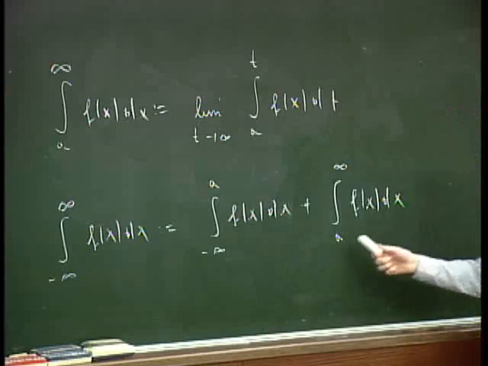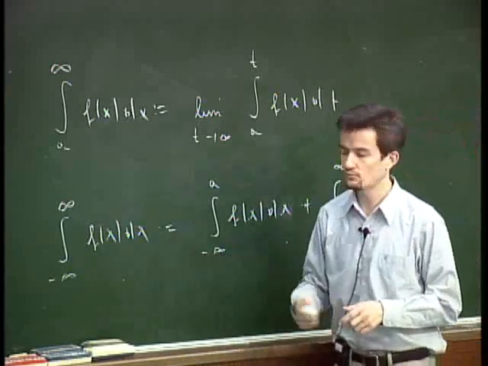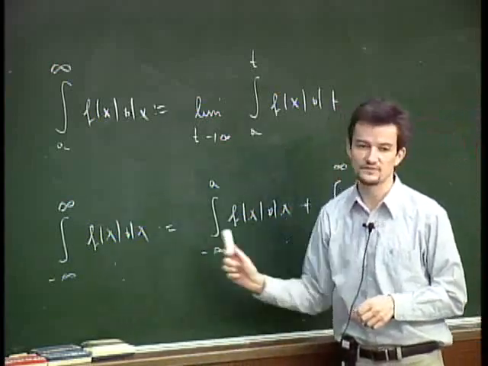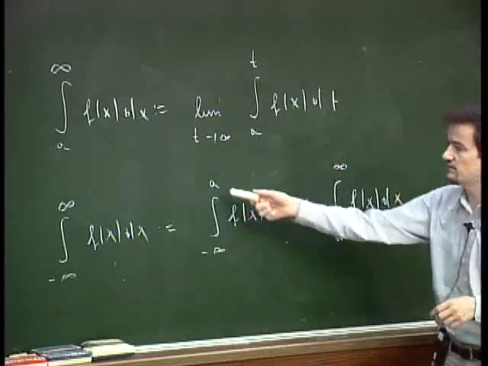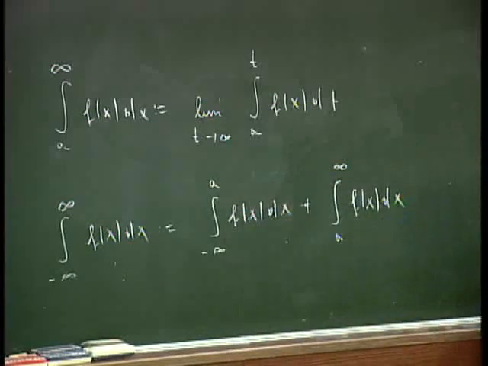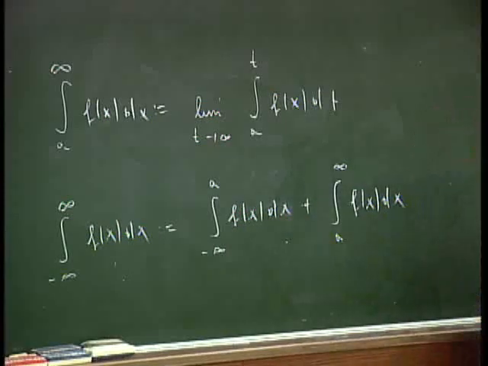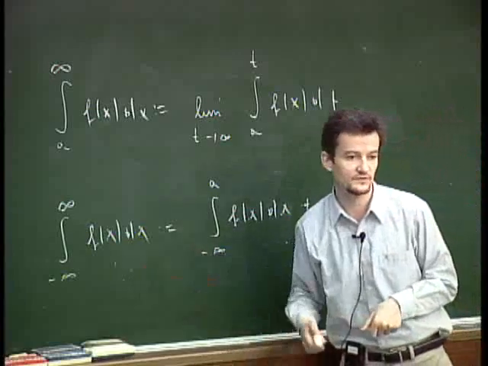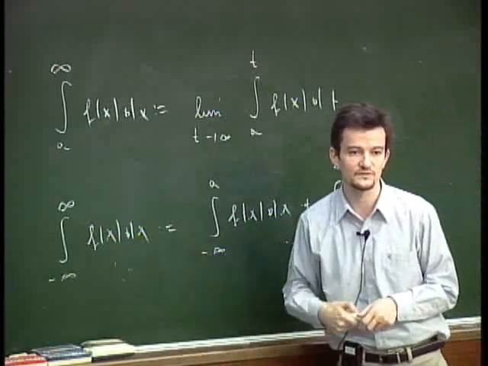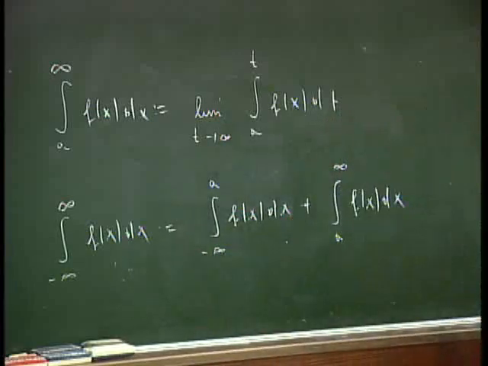If both of them exist, we say that this exists as well, and the value of this is the sum of those values. This does not depend on the point a, so the a you can freely choose. If one of those integrals does not exist, then this integral does not exist as well, so then we say this integral is divergent.